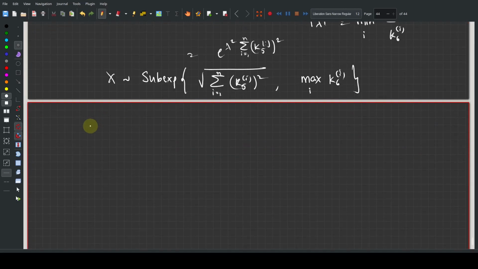So this means that if I look at the probability of summation i equal to 1 to n xi, what's the probability that this is greater than t?